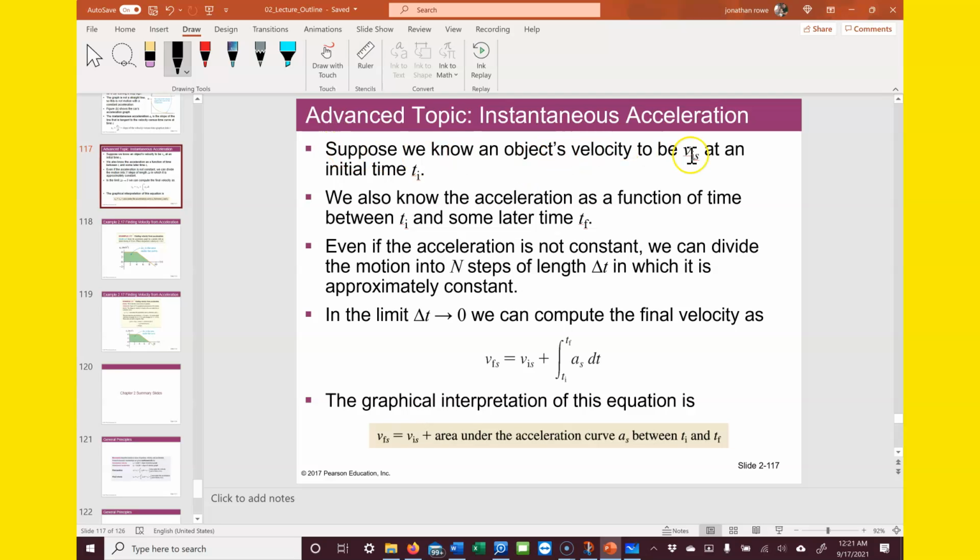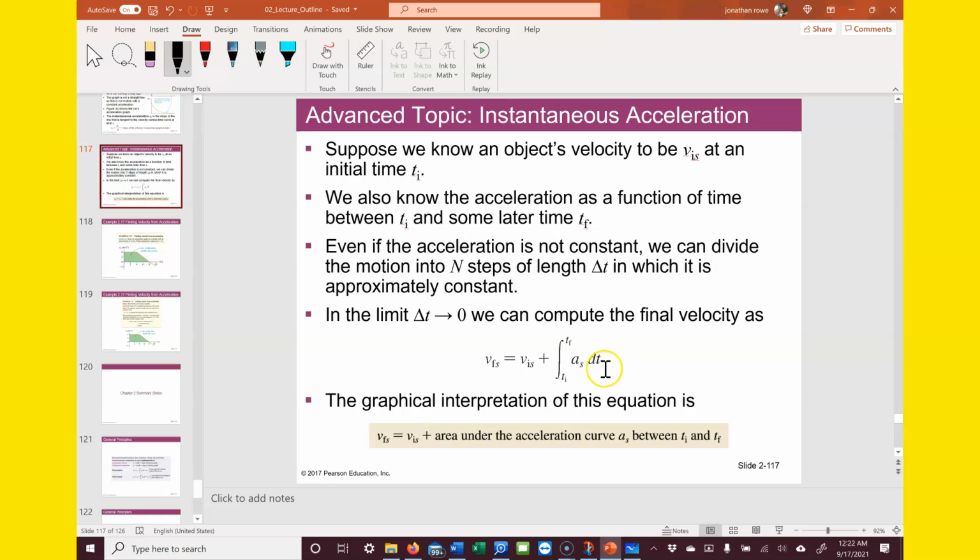Suppose we know an object's velocity to be v sub i sub s at an initial time t sub i. We also know the acceleration as a function of time between t sub i and some later time t sub f. Even if the acceleration is not constant, we can divide the motion into n steps of length delta t in which it is approximately constant. In the limit delta t approaching 0, we can compute the final velocity as this.